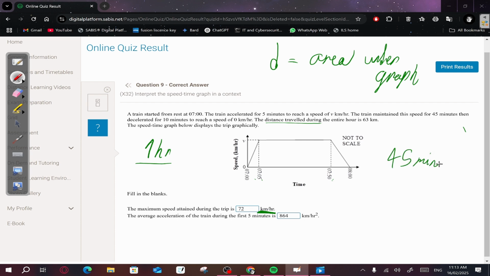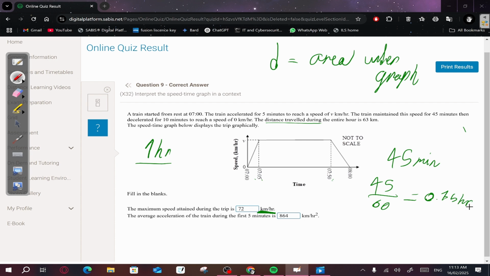So we're going to change this to hours: 45 over 60, which is 0.75 hours. Nice one.